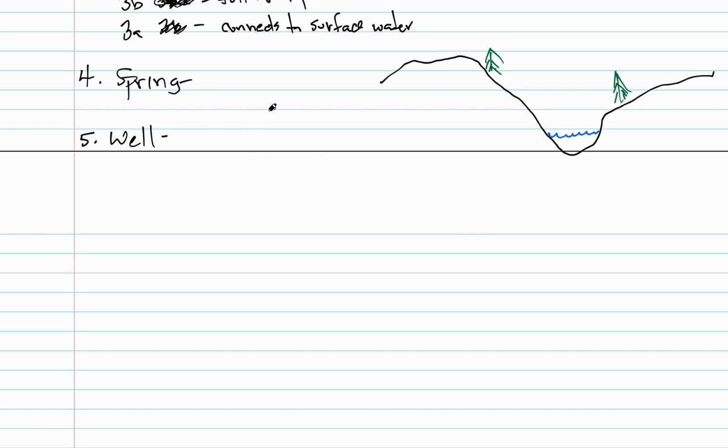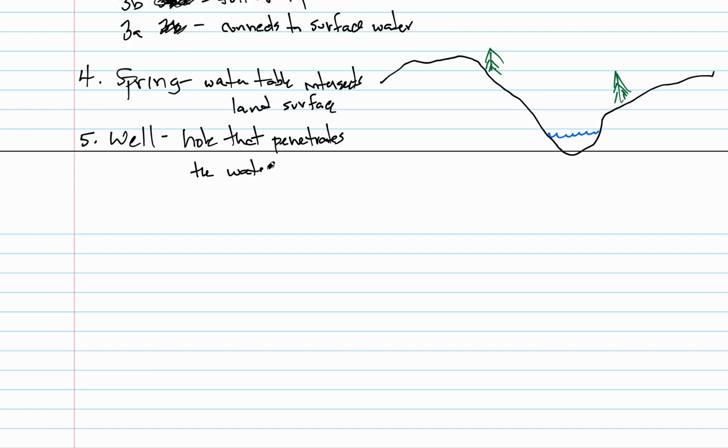Well, a spring is any place where the water table intersects land surface. And what is a well? A well is a hole that penetrates down into the water table. It's a man-made hole.